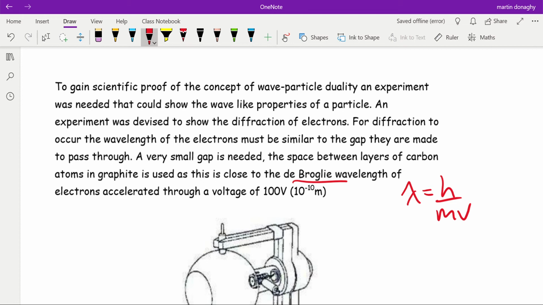The gap is roughly the same size as the de Broglie wavelength, so we can get from that an expected pattern. The only difference is that all those layers of the graphite won't be perfectly lined up. So not only will it be diffracted, say, left to right along the horizontal, it'll also be diffracted up, down, and at every single conceivable angle in between those as well.